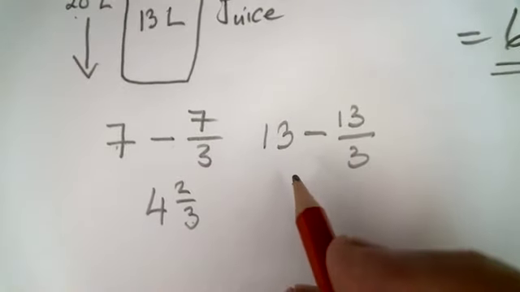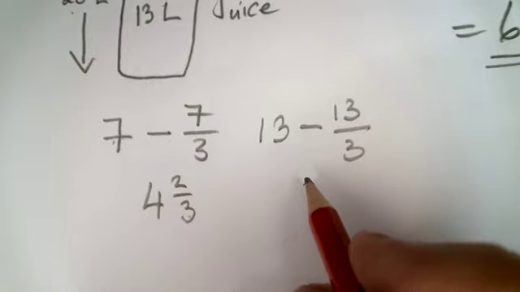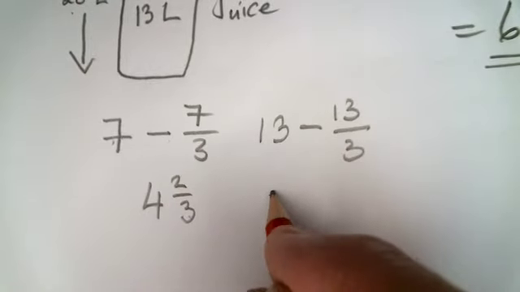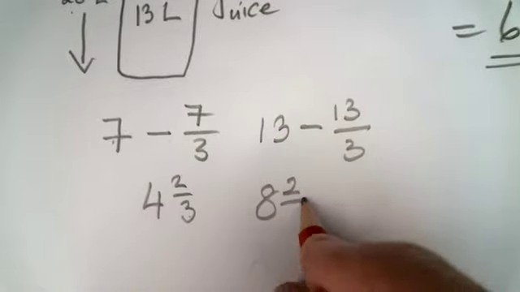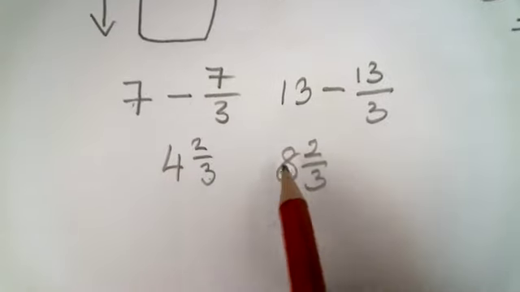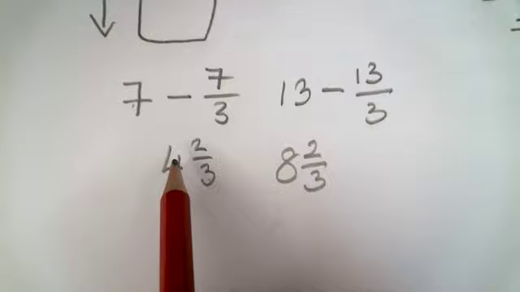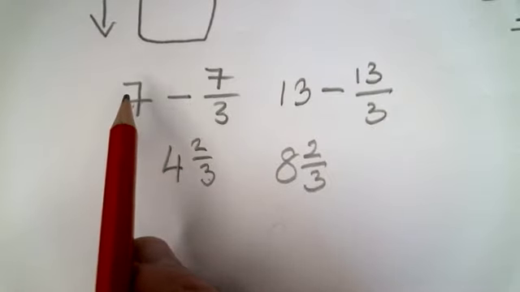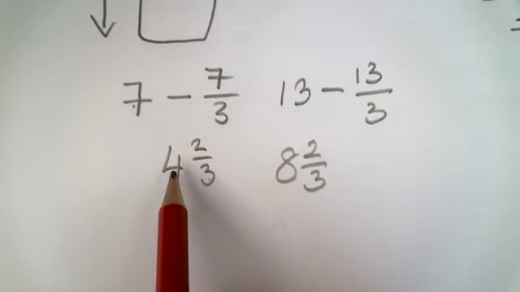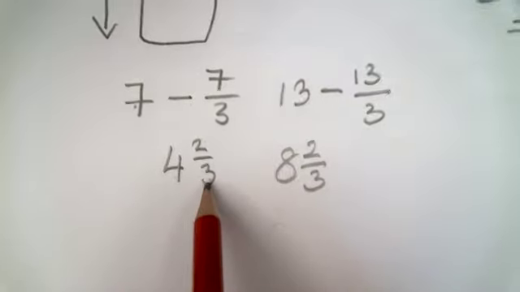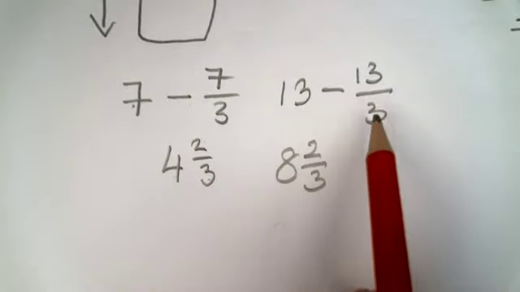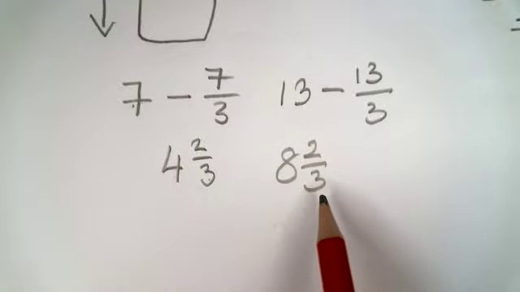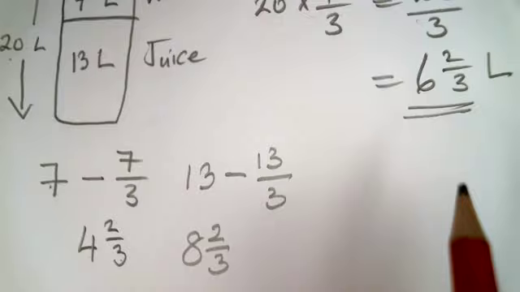And the 13 minus 13 thirds, I'll have to check this actually, it should be 8 and 2/3, I think. So now we've got 4 and 2/3 of a litre of water. We had 13 litres of juice, but after taking 1/3 of that away, we've got 8 and 2/3 of a litre. Because of course the amount we drank was 6 and 2/3.